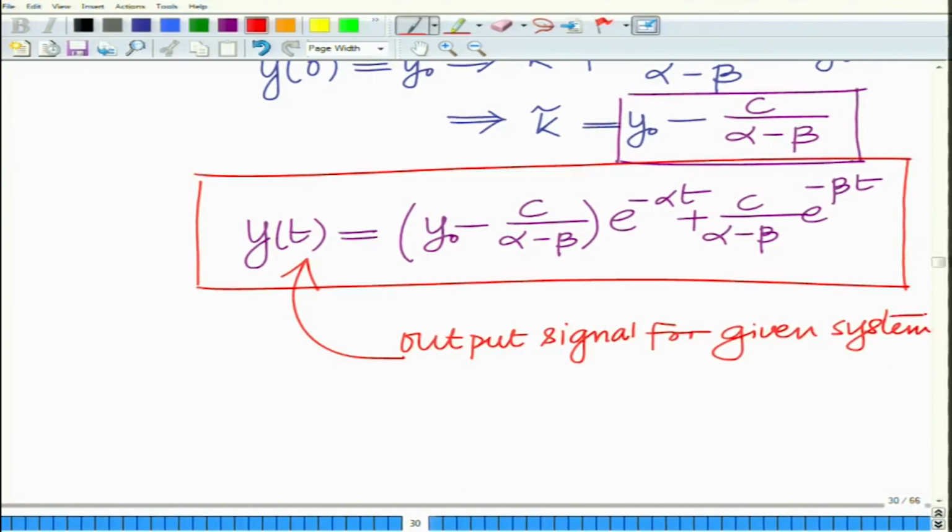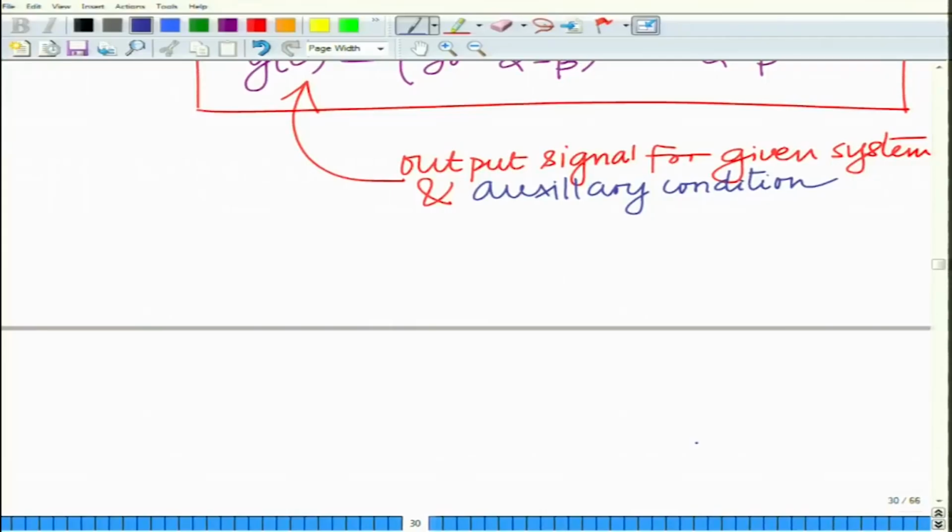Output signal for the given system, and also remember the auxiliary conditions are important. In this case there is a single auxiliary condition, that is the value of the output signal at time t equal to 0, which is y naught. Now for t less than 0, since the input is 0, the only output response, so for t less than 0 one can determine the output as follows.